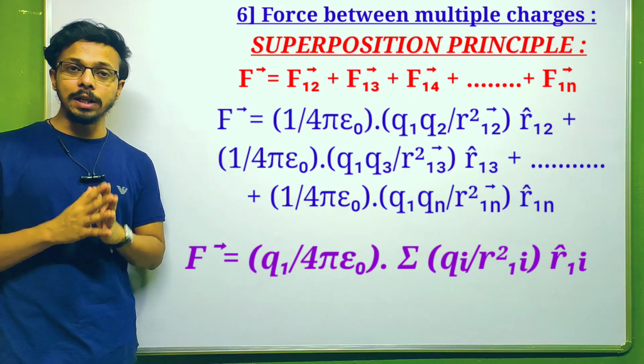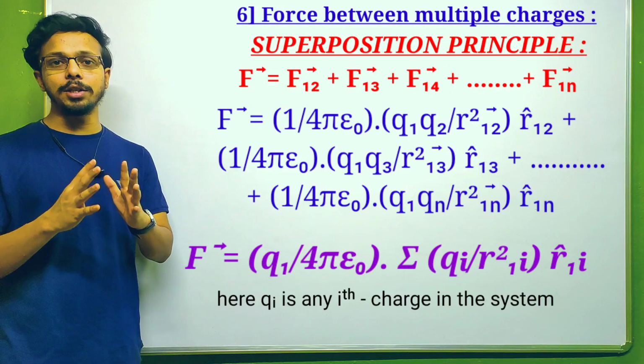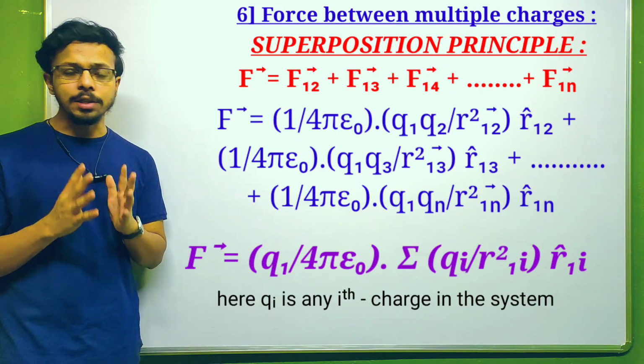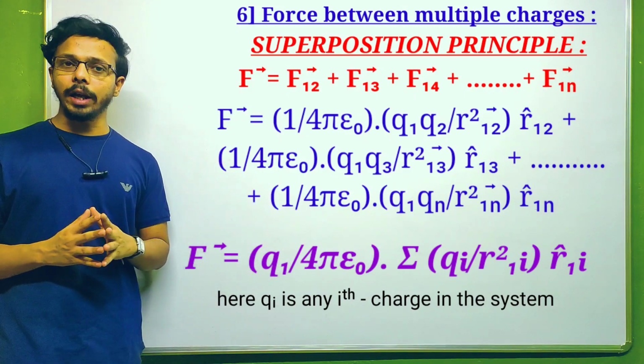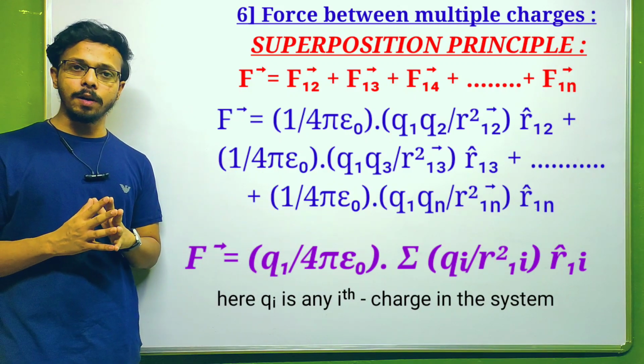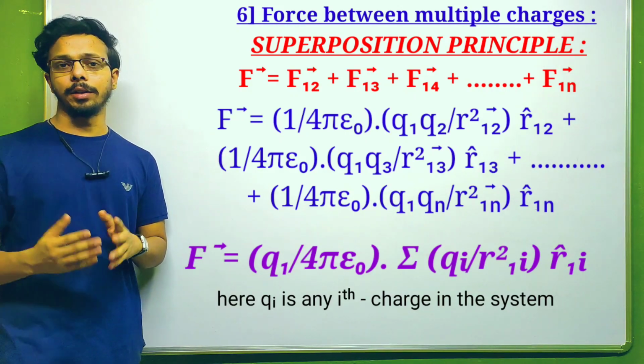Now what does that mean? What is Qi? Qi is any ith charge in the system. The system consists of n number of charges. The common term is Q1 divided by 4 pi epsilon naught, and the remaining terms get summed up to the ith element.